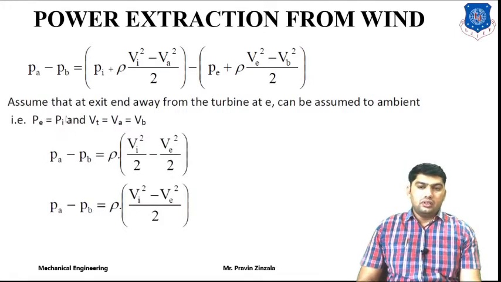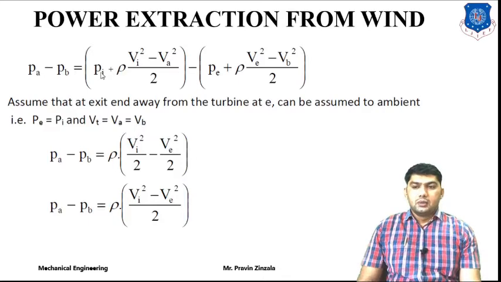And in this equation, we are assuming that Pe is equal to Pi, means incoming side pressure is equal to exit side pressure, and Vt is equal to Va and VB, and Vt we are considering the wind turbine velocity.